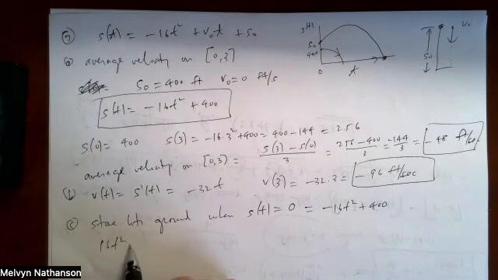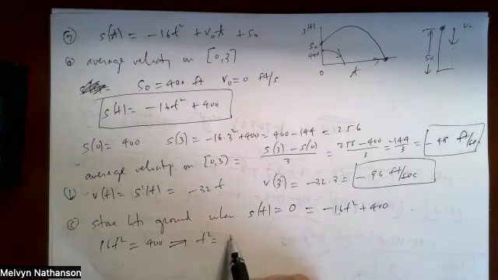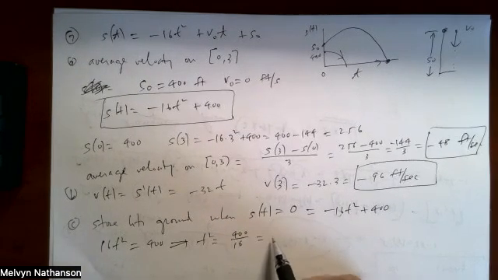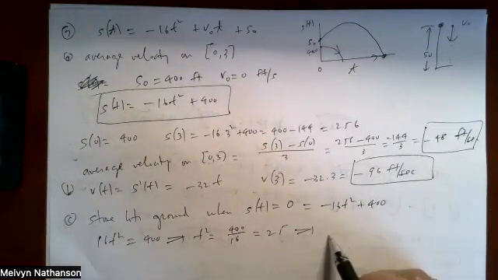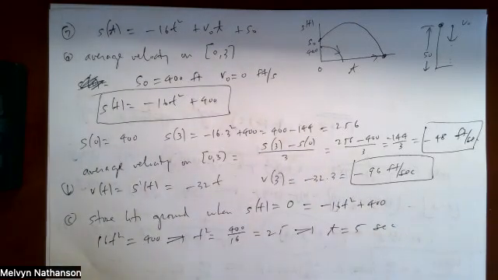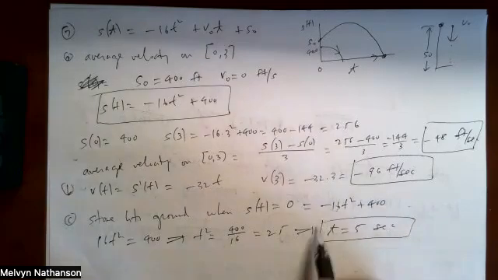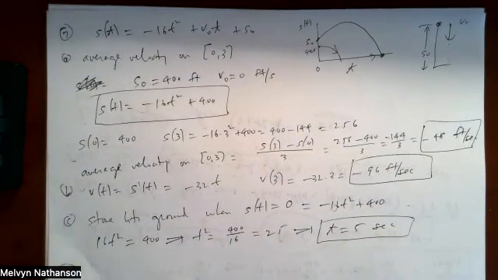So 16t squared equals 400, which means t squared is 400 over 16, which I believe is 25. And if t squared is 25, t is equal to 5 seconds. The square root of 25 is 5. So it takes 5 seconds for this stone to hit the ground.